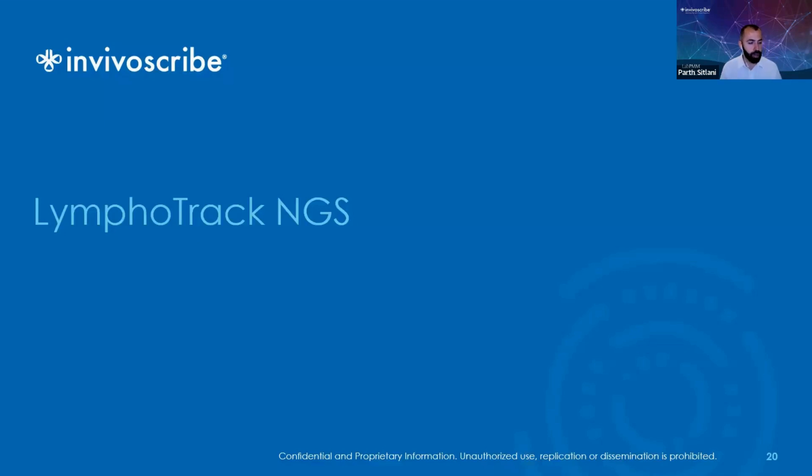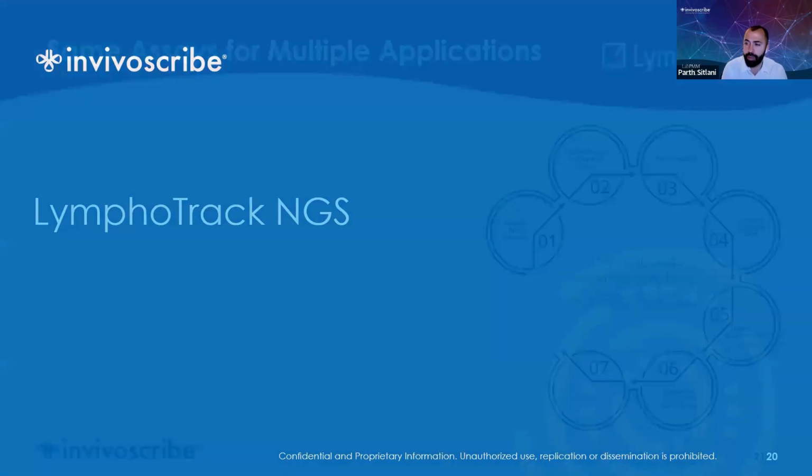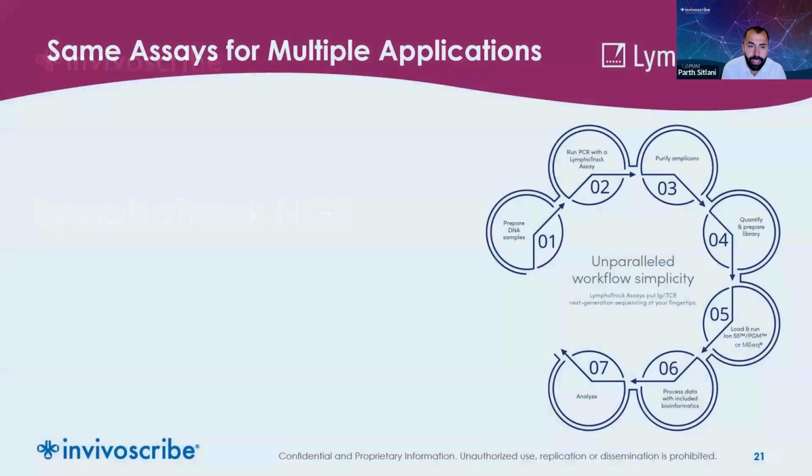Now, I do want to talk about the latest technology as well, because as we mentioned, we were talking a little bit about old technology, a little bit about modern testing, but also want to really focus in, spend some time to talk about our next generation sequencing assays, because this is the more cutting edge technology that's more newly available. So LymphoTrack is the brand name of the Invivoscribe next generation sequencing assays.